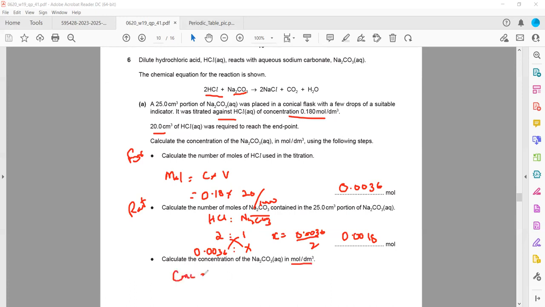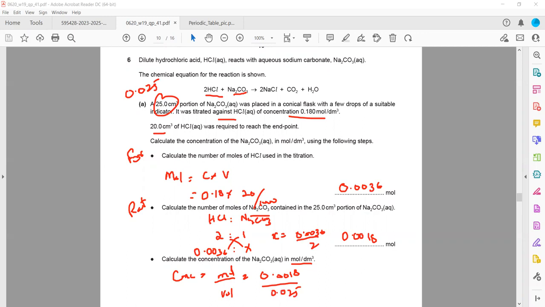Now we need the concentration in mol per dm3. Concentration in mol per dm3 is moles divided by volume. The moles of sodium carbonate we calculated as 0.0018, and the volume of sodium carbonate used was 25 cm3, which is 25 divided by 1000, so 0.025.